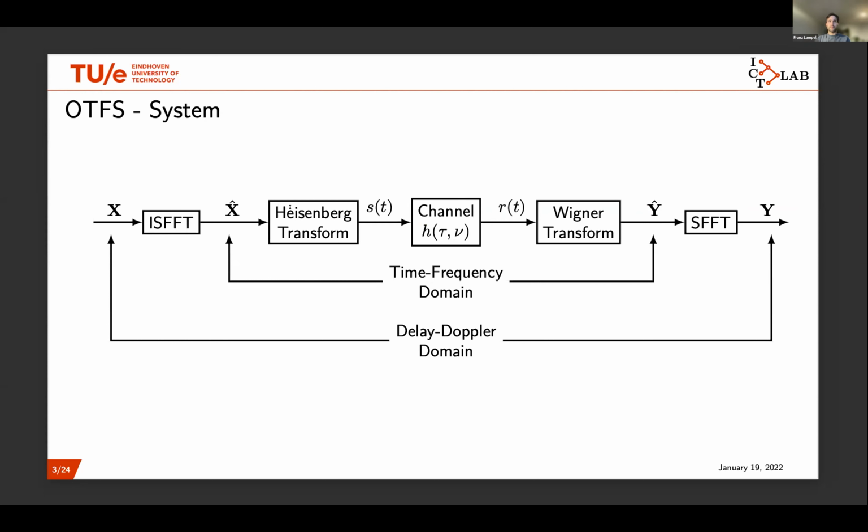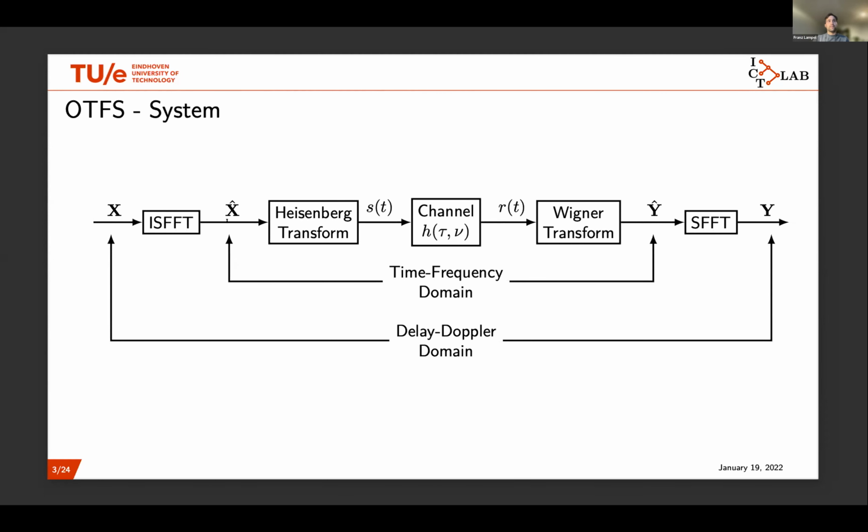The Heisenberg transform in this case is simply OFDM modulation. And after that, the signal is sent over a time frequency dispersive channel, which introduces delay and Doppler shifts. And at the receiver, you do the inverse operation from the Heisenberg transform, like OFDM demodulation. And then you map the symbols from the time frequency domain back to the delay-Doppler domain.